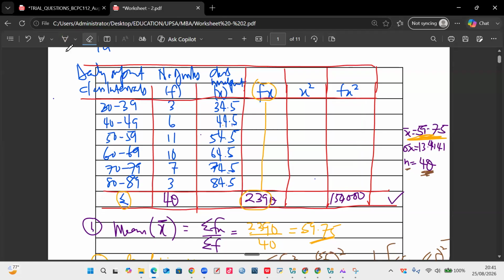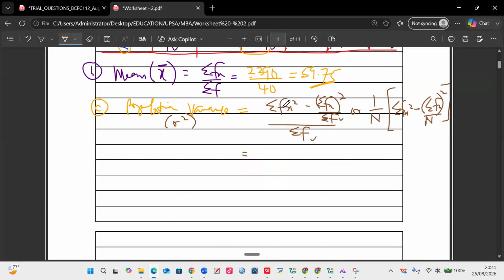150,000. Good. I'm following the first formula, one at a time. 150,000 minus, now the second one starts with a bracket. So open brackets. It says go and search for sigma fx.